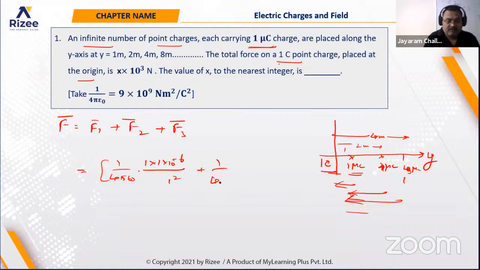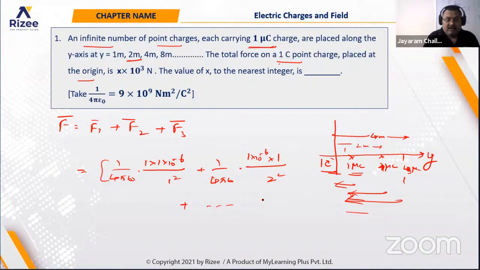Similarly, for the second one, 1 by 4 pi epsilon naught into 1 into 10 to the power of minus 6 microcoulombs, and the other charge at the origin is 1 coulomb, but the distance has become 2 meters, which will be 2 squared. Like that you need to write all the values.